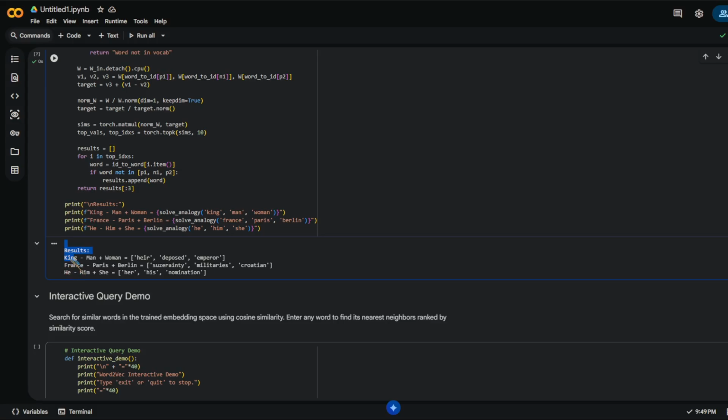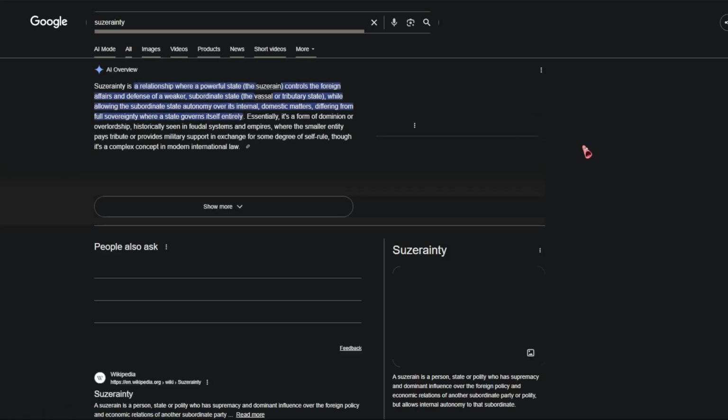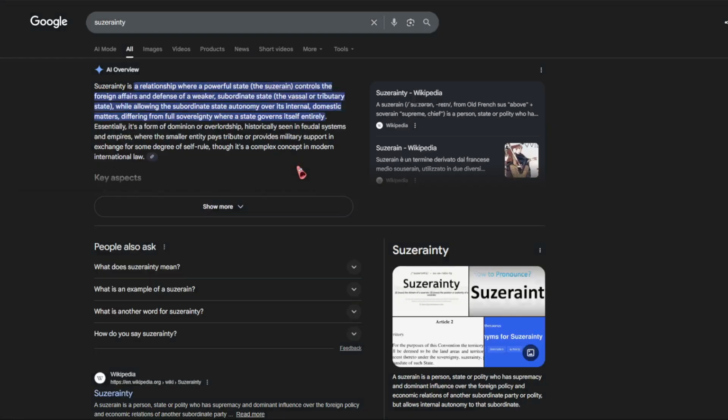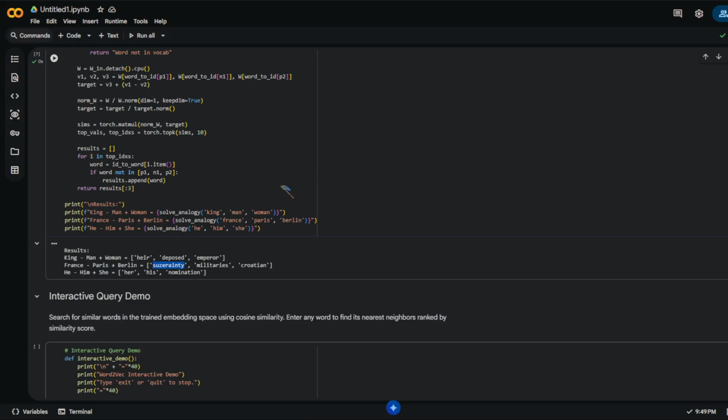Emperor, it's close to king. In this case, this is also a country, so it picked up that we're using countries here. Let's see this word. This is a rank of a person. I don't know if it's related here.